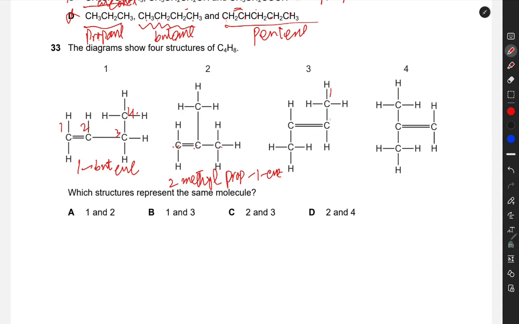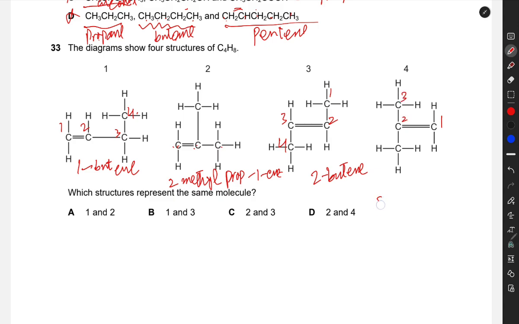This is carbons 1, 2, 3 and 4, 2-butene, and this is carbons 1, 2 and 3.